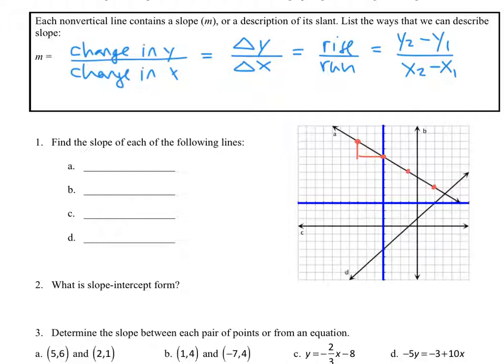And going from left to right, if I start at the top point, go down, and then to the right, I actually go down 2, which is the negative direction vertically, but then I go to the right 3. So I could think of this as down 2, right 3.